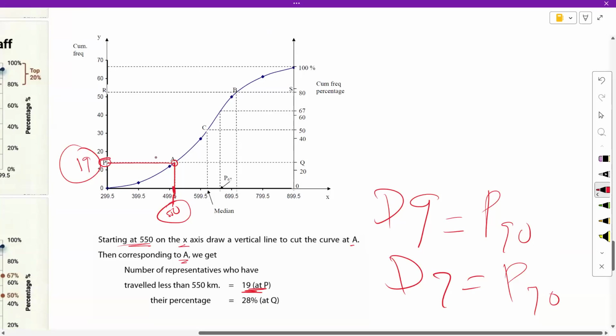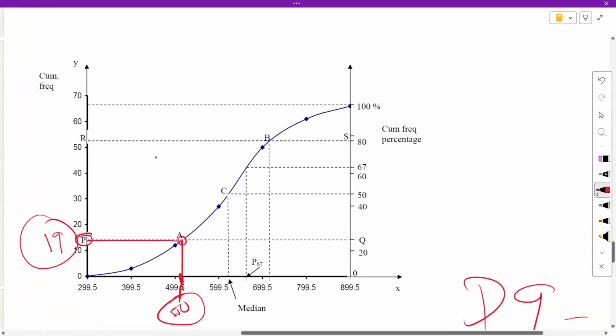And if you want to find the percentile, what we have to do is, on the left hand side of this axis, we have the cumulative frequency. On the right side, we can find the cumulative frequency percentage. How to calculate the percentage?